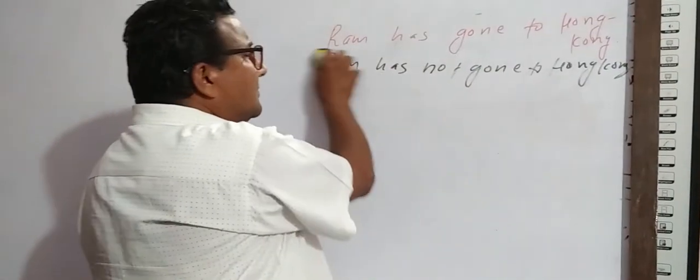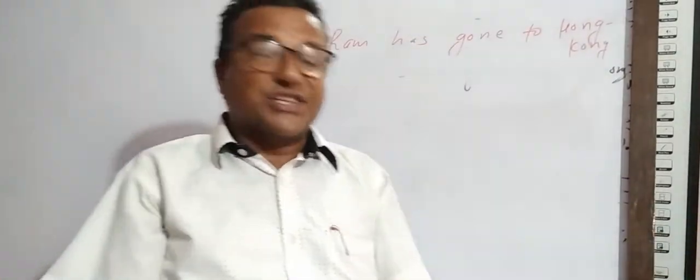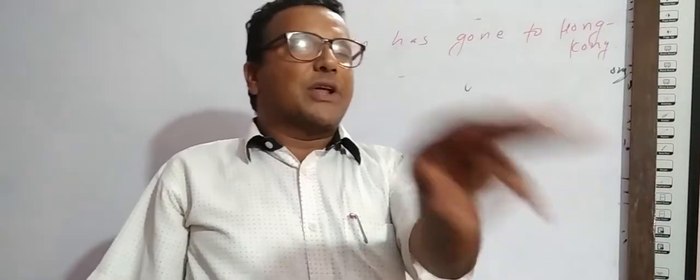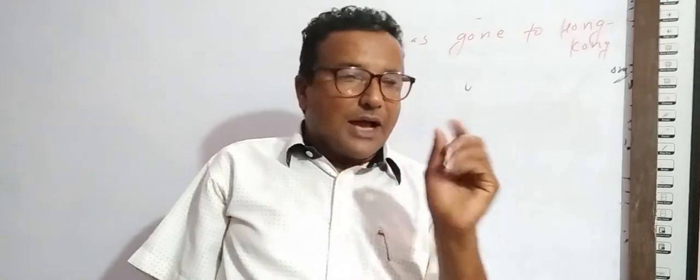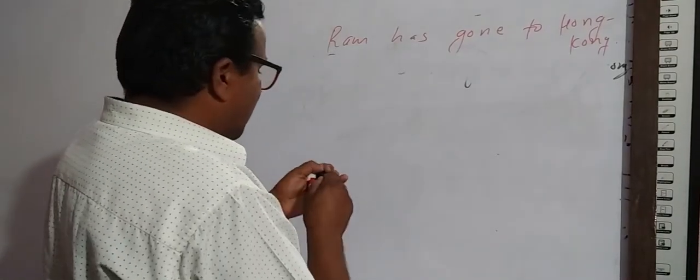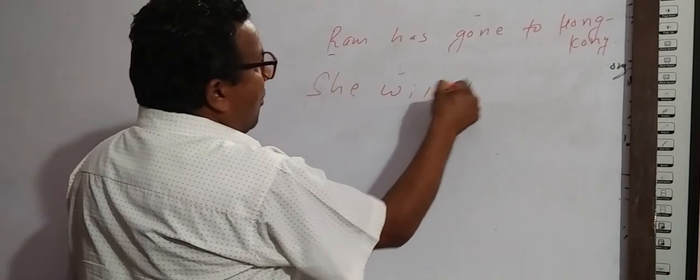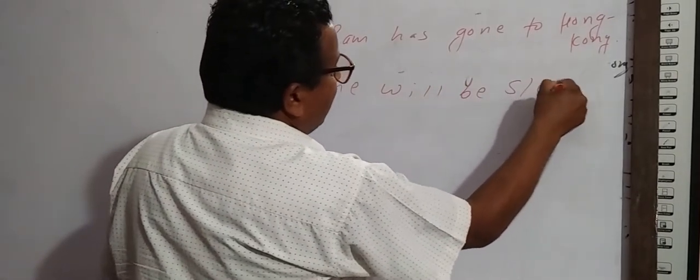Secondly, if in the sentence or in the tense structure there are two or more auxiliary verbs, then we have to use not after the first auxiliary verb. Look here: She will be sleeping.